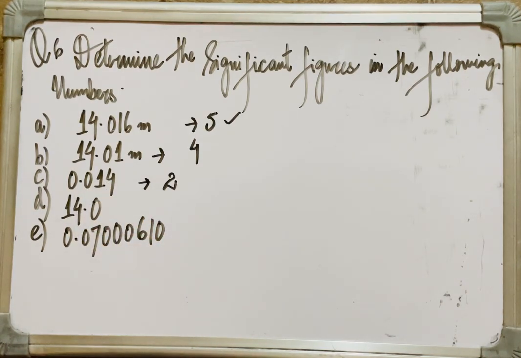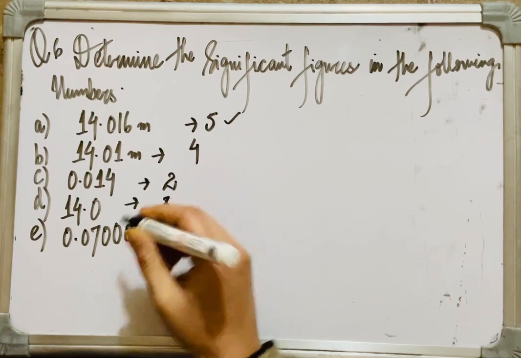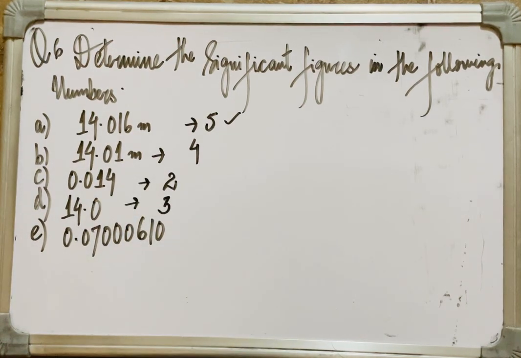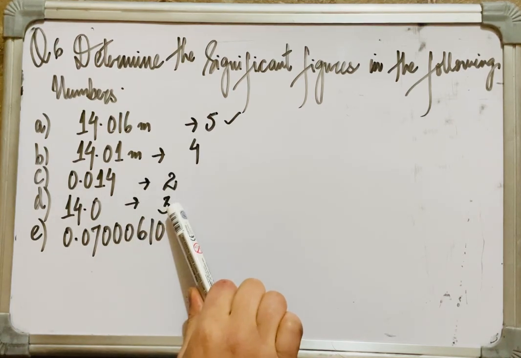This 0 being at the beginning is not significant. Next one, 14.0. How many significant figures? It has 3 significant figures, 1, 2, and 3. Why? Because zeros at the end are significant. So it has 3 significant figures.